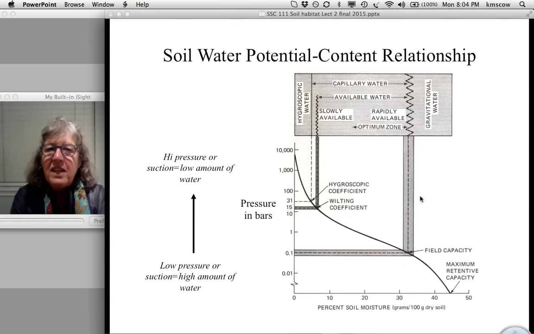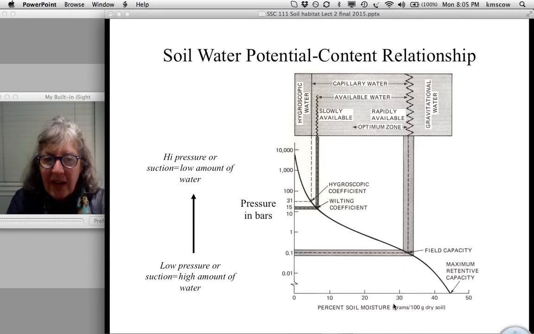All right, and then we get this kind of figure here, which shows you pressure in bars on this y-axis and percent soil moisture. And this is like using the oven to measure how much water is left.